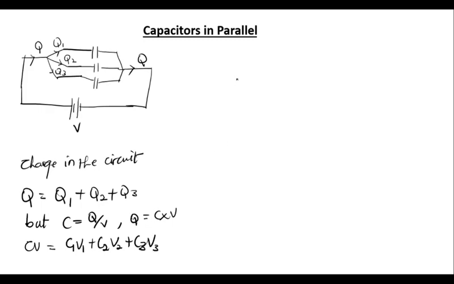Now the potential difference that moves across the capacitors is equal. The potential difference that will move through capacitor 1 over here is the same potential difference that will move through the second capacitor, and the same potential difference moves across the third capacitor. So it means what? V1 is equivalent to V2 and is equivalent to what?